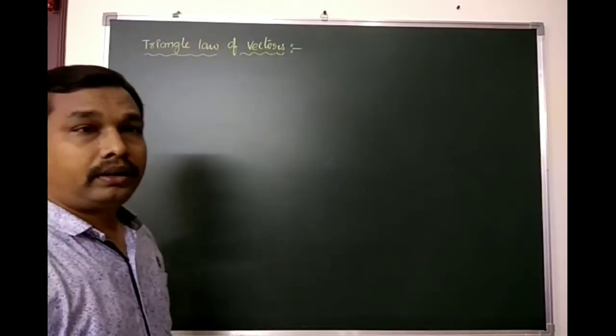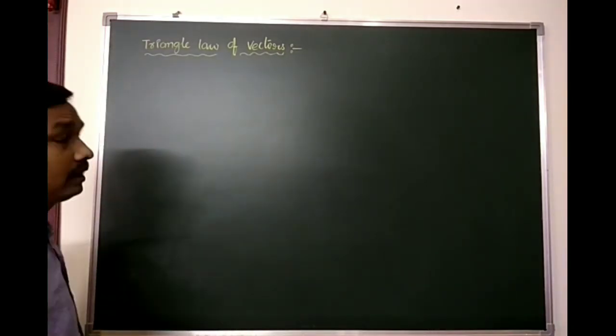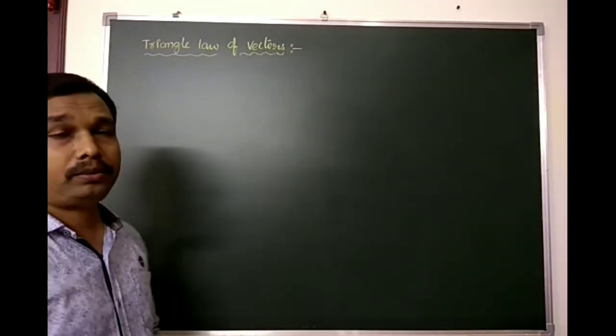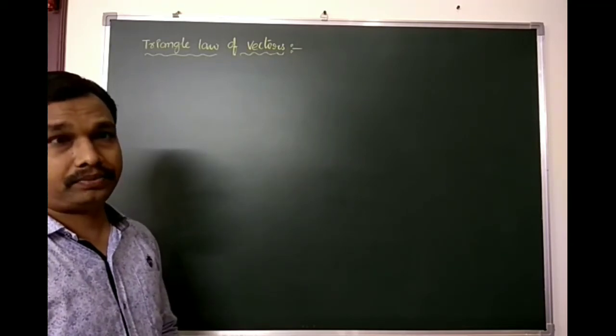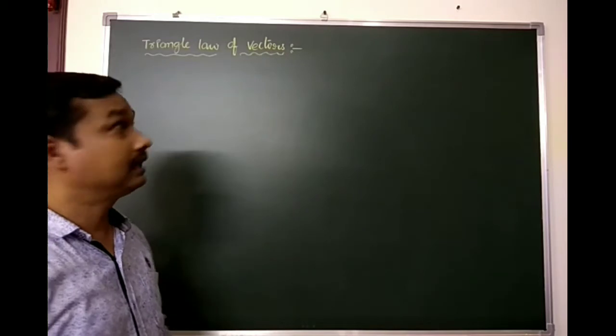This triangle of vectors gives you addition of vectors. Similar to addition of vectors, but one small change. What is that?